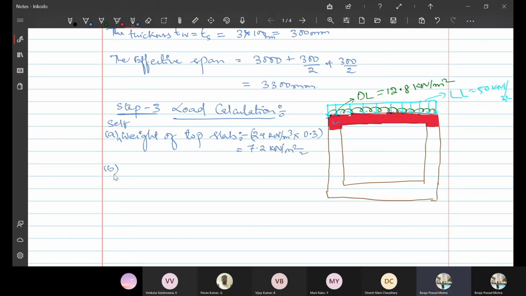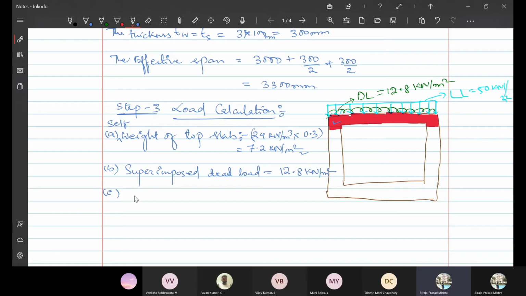Now the second one is the superimposed dead load. It is 12.8 kilonewton per meter square.